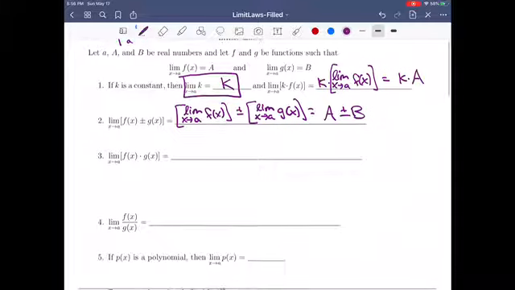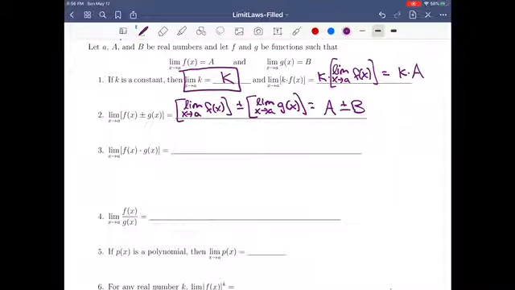This also works for multiplication. So if you have the limit as x goes to a of f of x times g of x, you can do these separately. So the limit as x goes to a of f of x, and then multiply by the limit as x goes to a of g of x.